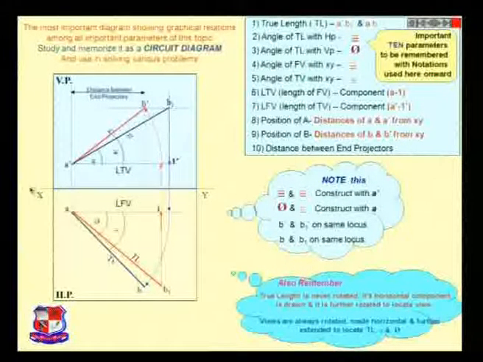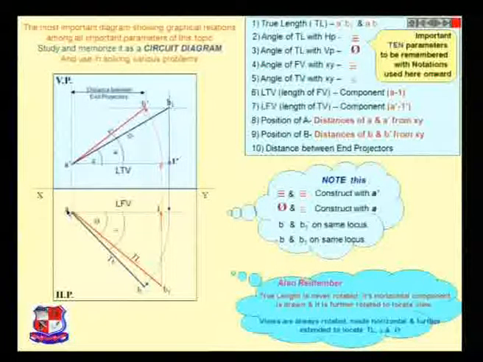Now what is the important thing? The first one is this A dash to B1 dash. A dash to B1 dash is the true length. As you can see over here, true length means the actual length. A dash to B1 dash is true length.